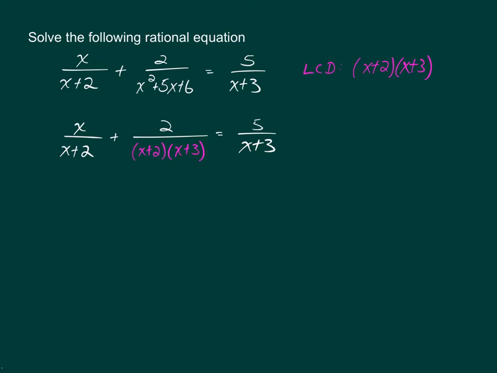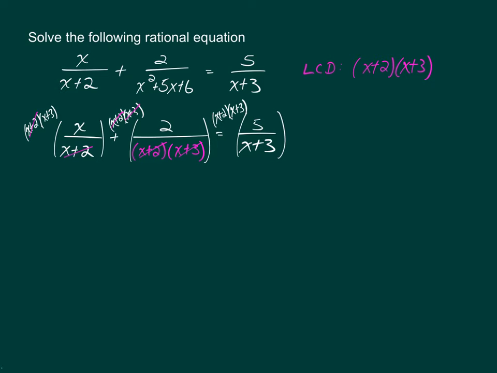So in the next step, we need to multiply each term by this least common denominator. So that looks something like this. And now we get to cancel some factors from the LCD, like this x plus 2, with factors in the denominator, with this x plus 2. In the second fraction, x plus 2 cancels with x plus 2, and x plus 3 cancels with x plus 3.